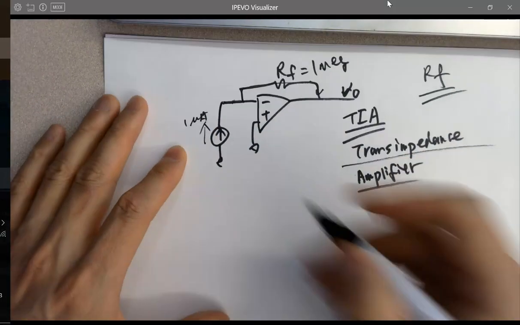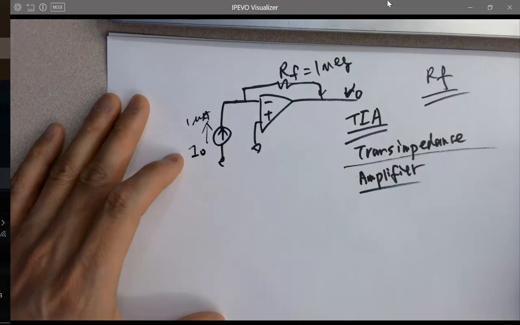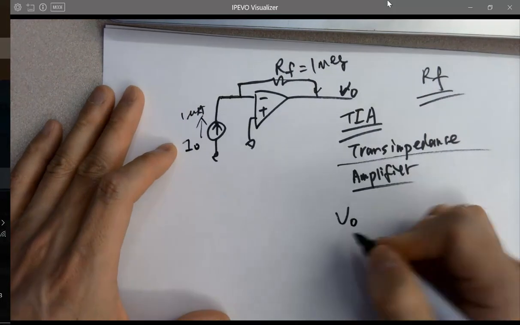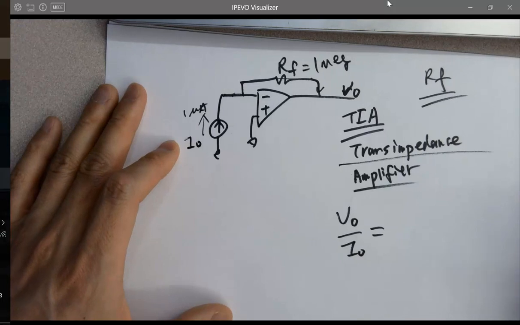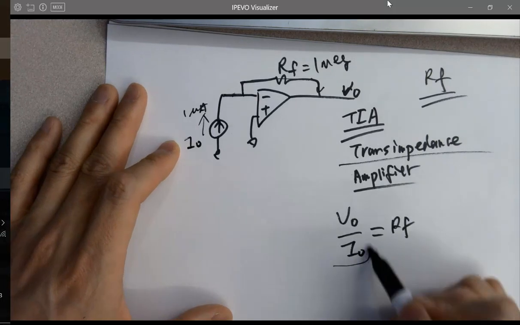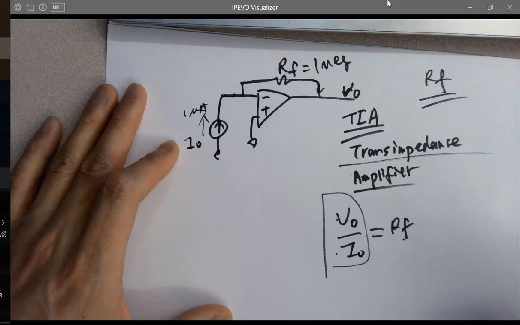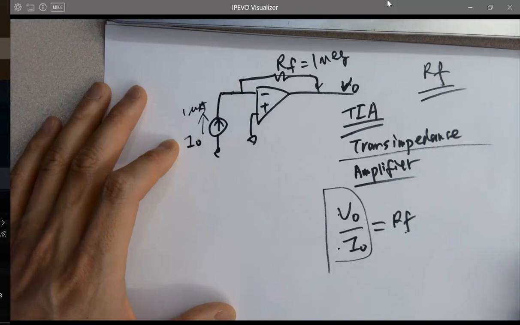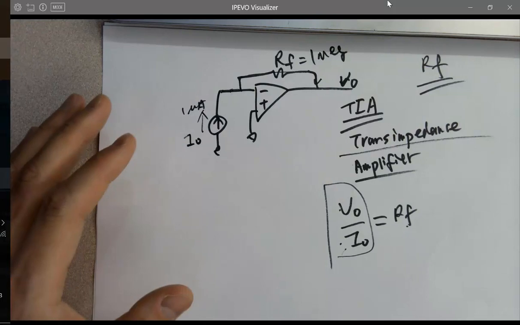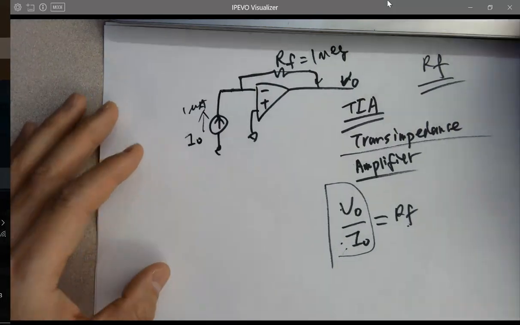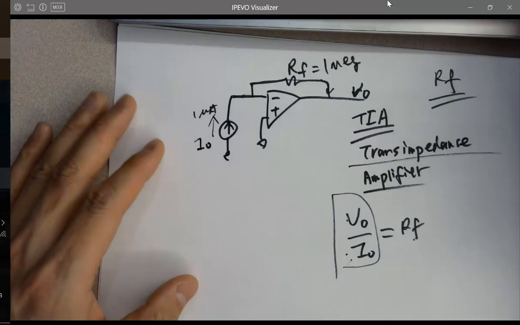So eventually, for example, this is IO. So VO over IO equals what? Output over input is a gain, even though it's a current as input. It's fine. That's how they define the gain of the TIA.